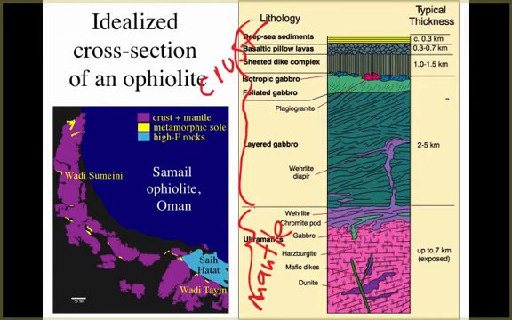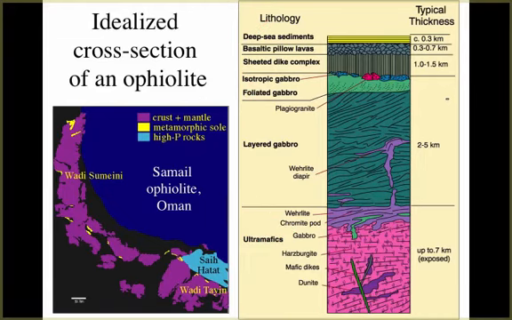They include deep sea sediments at the top of an ophiolite sequence, pillow basalts, and sheeted dikes near the top of the volcanic sequence. Lower down, there are layered or isotropic gabbros at the base of that lower oceanic crust, and ultramafic rocks that are the uppermost part of the mantle that are sometimes exposed in these ophiolites.